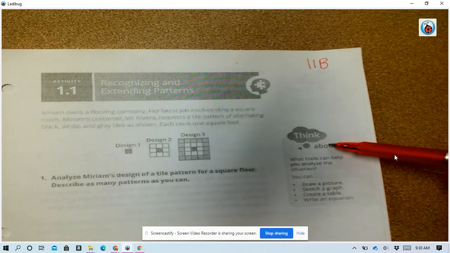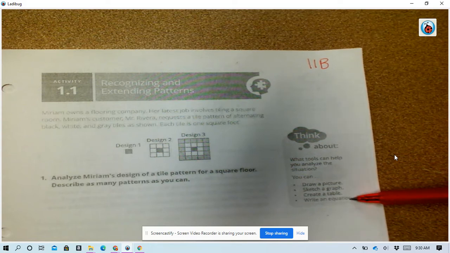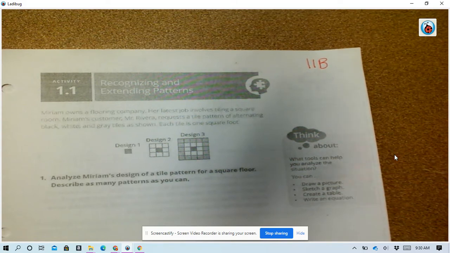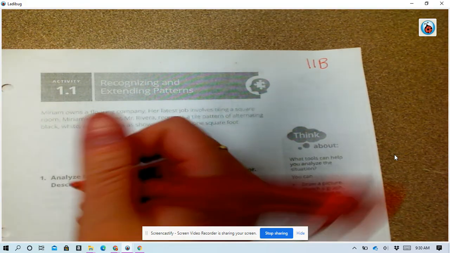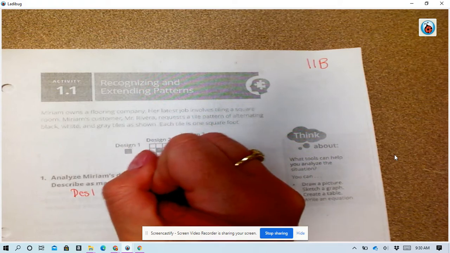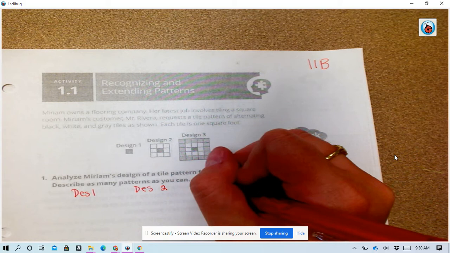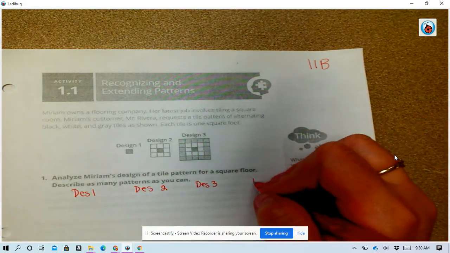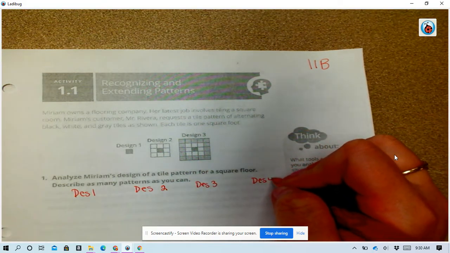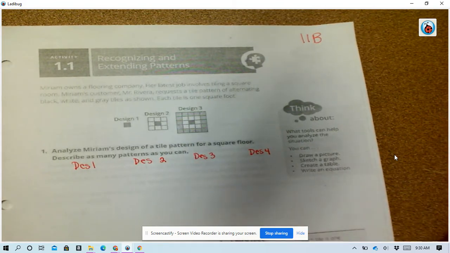Okay, and over here, it said, think about it. What tools can you analyze? Draw a picture, sketch a graph, create a table, write an equation. So if you did any of those, more props to you. I didn't get that far. So I did something like design number 1, design number 2, design number 3, and then I went ahead and just put design 4 so I could maybe make an expectation for the next time.